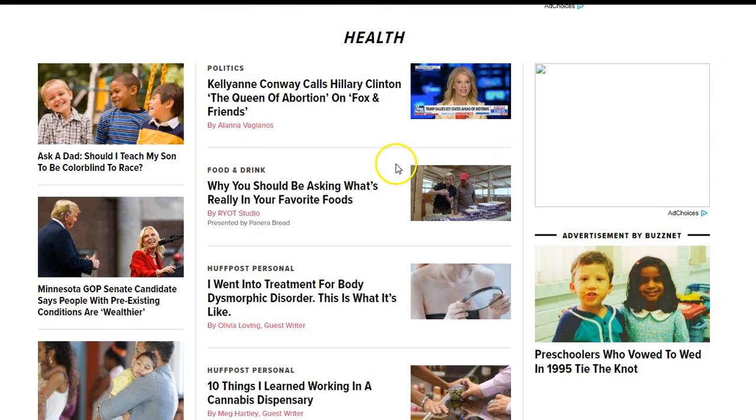These are advice and political articles. This is a political article, and it's in the health section on Hillary Clinton and abortion. Why you should really be asking what's really in your foods. And notice this looks like a health article, but notice what Huffington Post is actually doing. It's presented by Panera Bread. It's an advertisement.